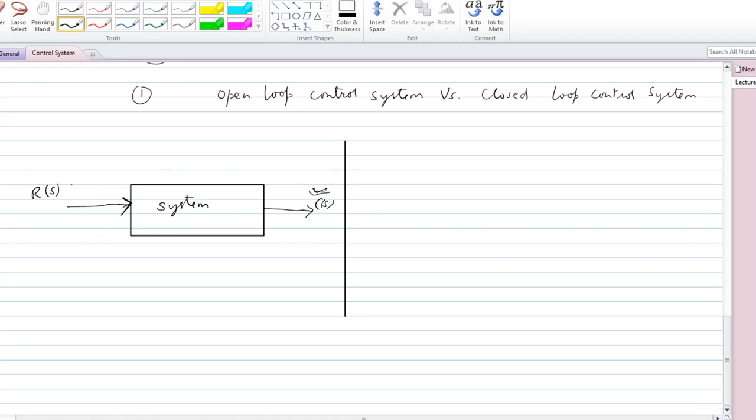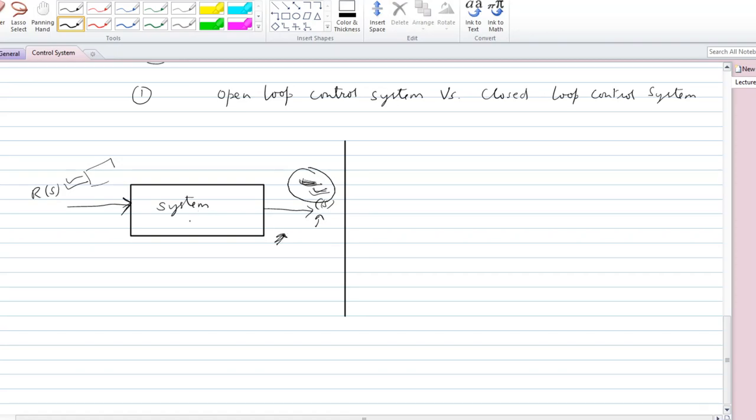We have to just apply the inputs and the output will come according to the input, but there is no means by which we can control this output or see this output, so that we can manipulate our output according to our requirement.